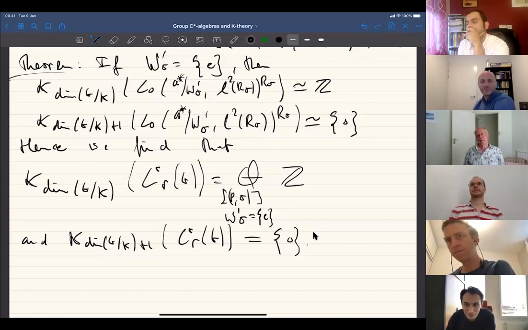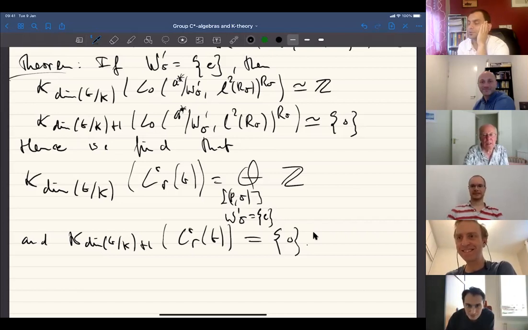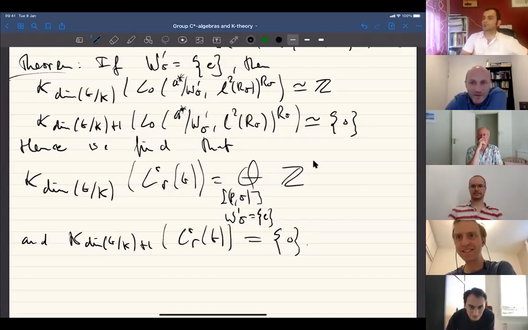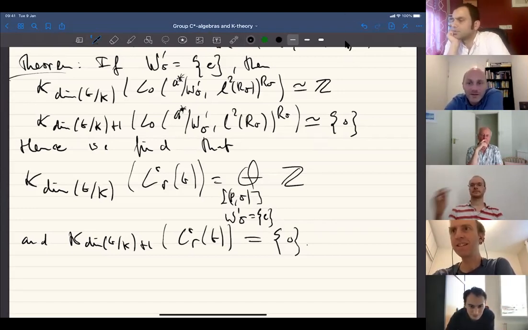Okay, but perhaps we are getting away from the main track. Pierre has some comments in the chat box. I guess there was a question about the description of the maximal C-star algebra, not the reduced one. And Pierre is pointing out that it's more or less as difficult as describing the full unitary dual and its topology. But apparently there are some results for nilpotent groups by Ludwig and his students.